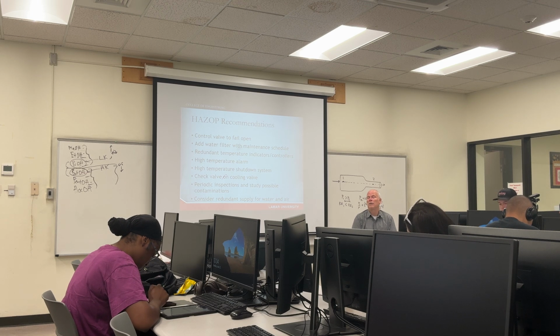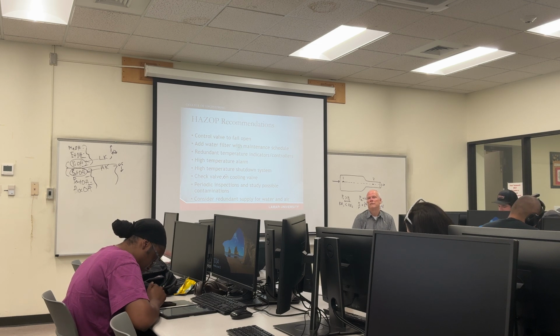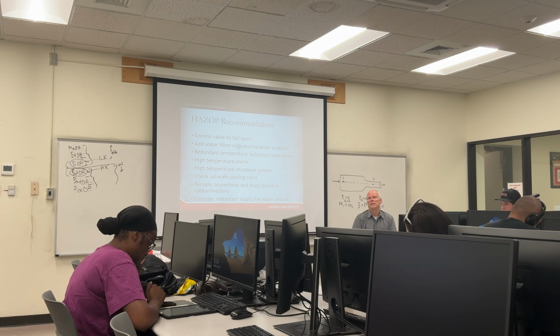So the HAZOP can come up with a lot of recommendations. The downside of that is, if you go to HAZOP and you say, we ought to do this, or we ought to do that, the company has to respond to it. And the company would rather not respond to a bunch of recommendations that really don't have any basis in probabilities or in reality.